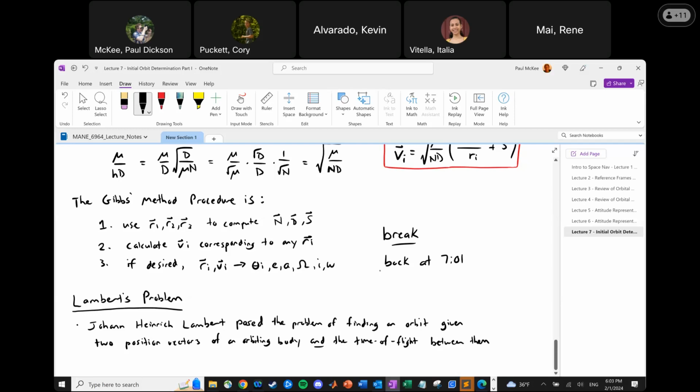And so what that makes me think of is we've got some sort of delta t going on here. Whereas our first set of equations for Gibbs' method were heavily dependent on R1, R2, and R3, all of a sudden now we're going to have to start thinking about delta t, and things are going to be a lot less pretty. They're going to be a little bit more ugly for solving Lambert's problem than they were for solving Gibbs' method. And so the problem was solved.